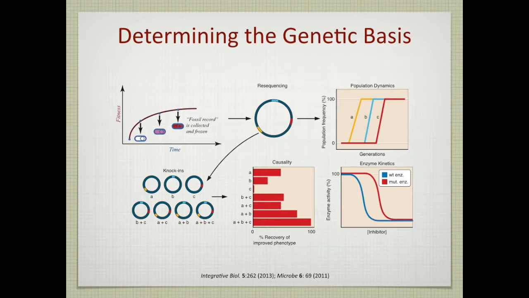And then when your experiment is done, you can resequence the genome. And you can find the genetic alterations. They are indicated there in yellow, red, and a bluish color. Once you have these mutations defined, you can go into your fossil record and look for the allelic frequency of that mutation as a function of evolutionary time.